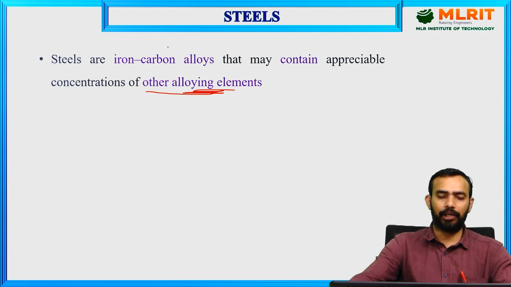The primary alloying element is carbon and the base metal is iron. In addition to iron and carbon, there could be other alloying elements. Depending on our desired properties, we will be adding alloying elements into the ferrous alloys.